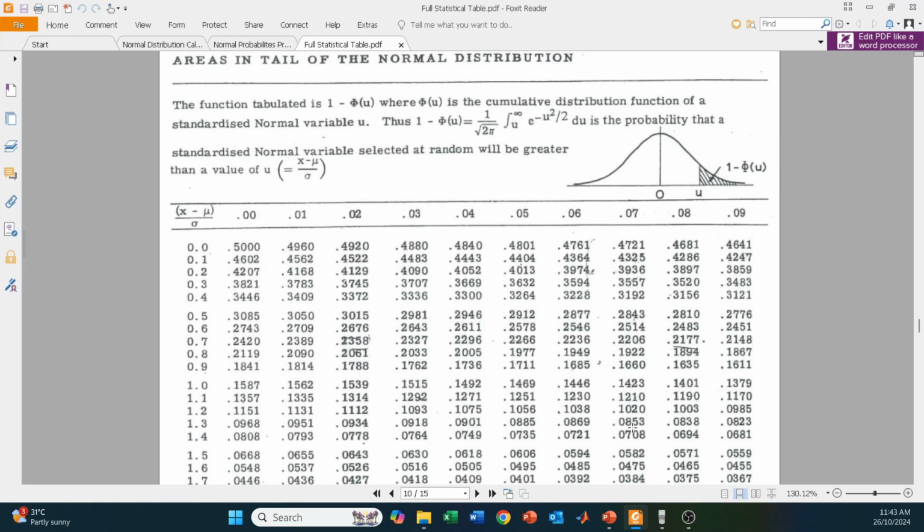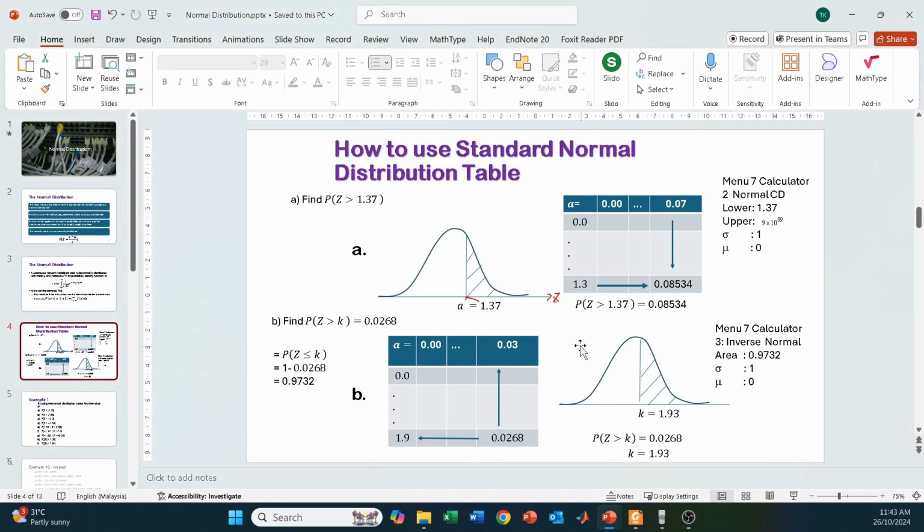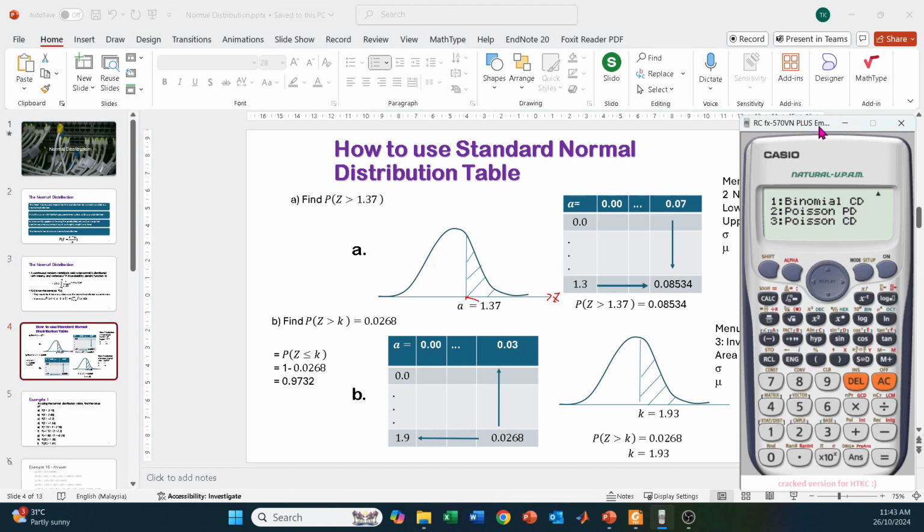Here 1.3 and then find 0.07. This is the area, 0.0853. You get the value 0.0853.